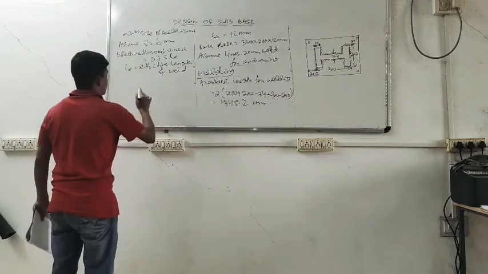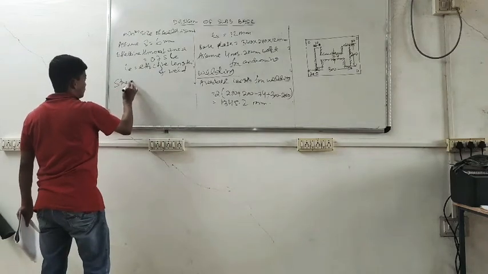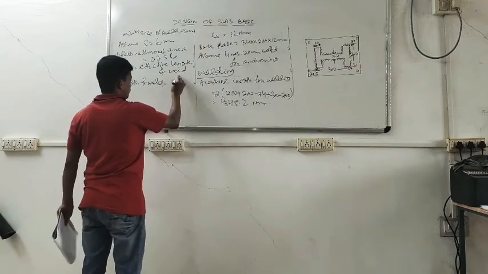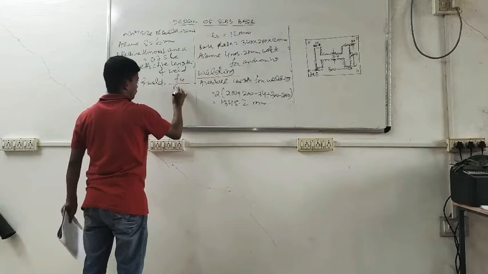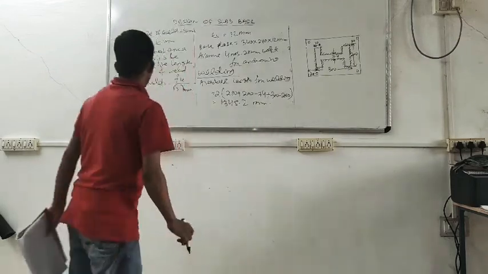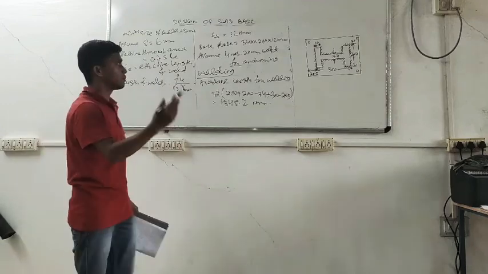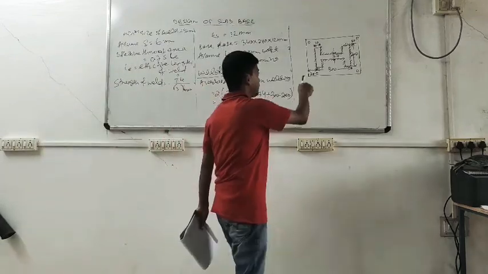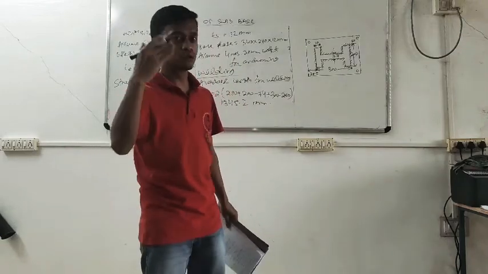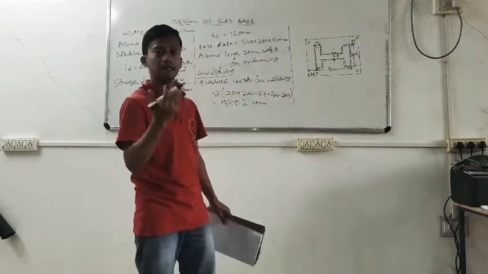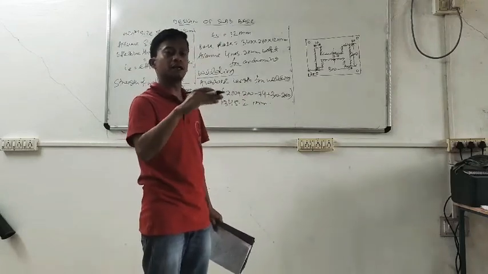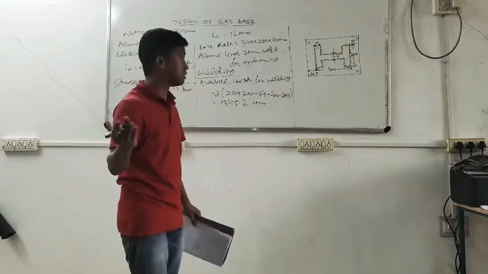Now the strength of weld equals Fu divided by root 3 into gamma Mw. We have to design the weld in such a way that it can transfer the load of the column to the base plate. The load on the column is already given, that is 600 kilonewton.